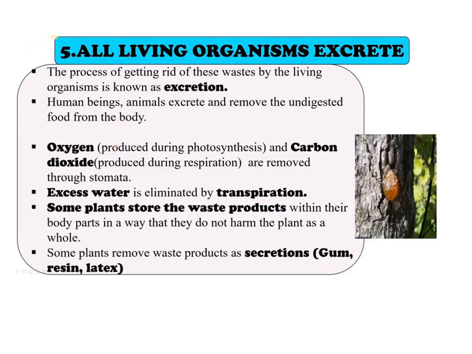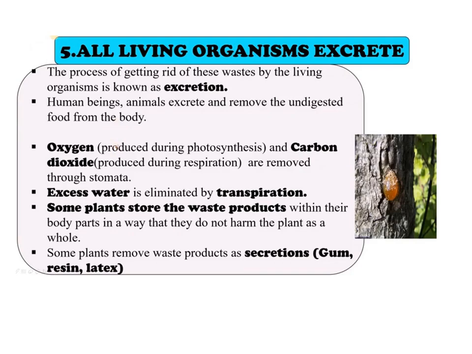And some plants store the waste product within their body parts in a way that they do not harm the plants as a whole. Some plants remove waste products by means of secretions like gum, resin, latex.